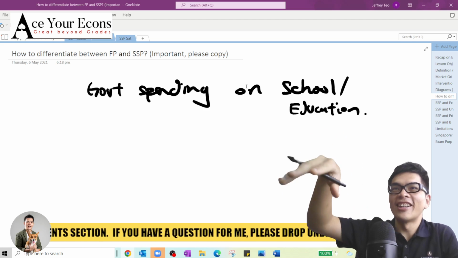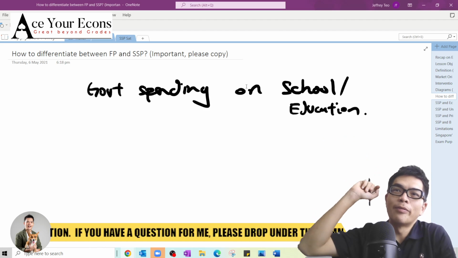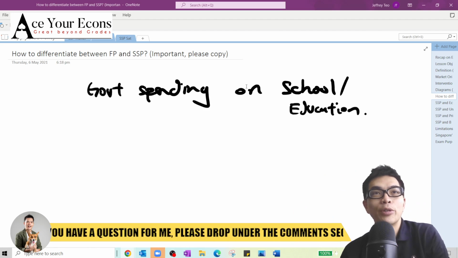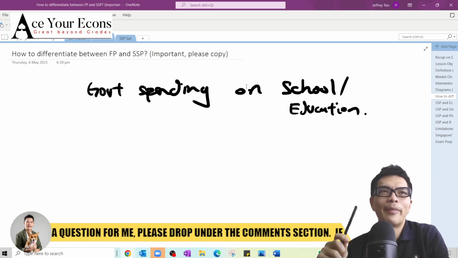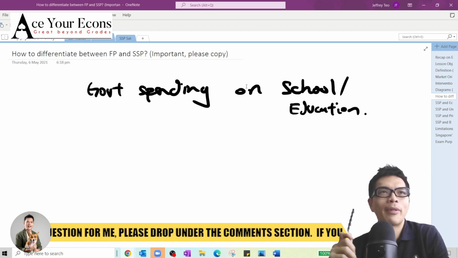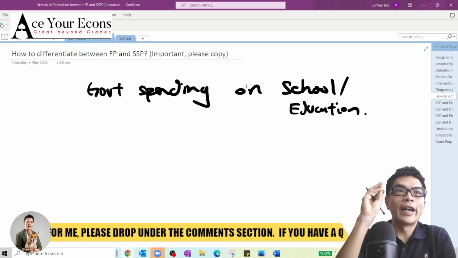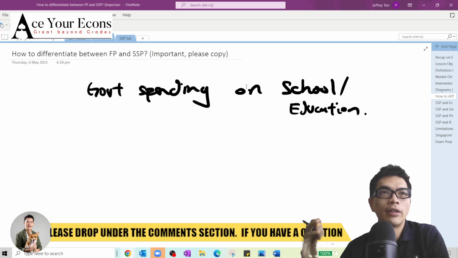I have a lot of answers. We have supply side, fiscal, both fiscal and supply side, and LR does not affect AD. So which one is the correct one? A better way to address that is to question back, Mr. Teo, what is the context? You have to identify what is the problem that is mentioned in the extract.